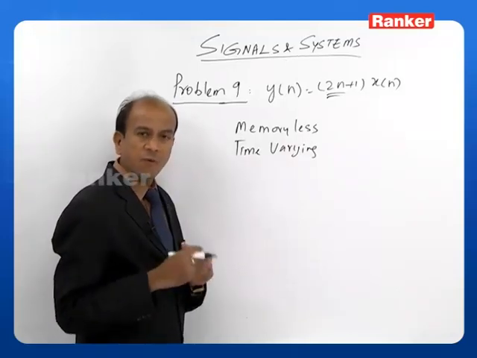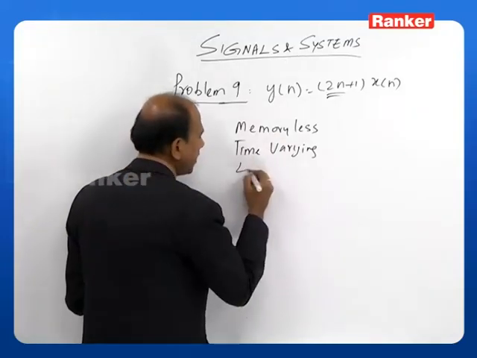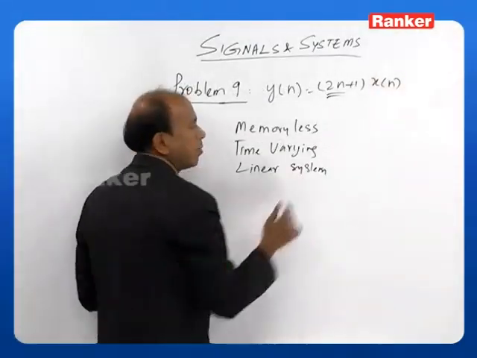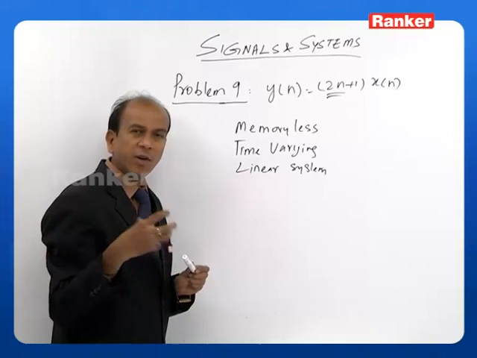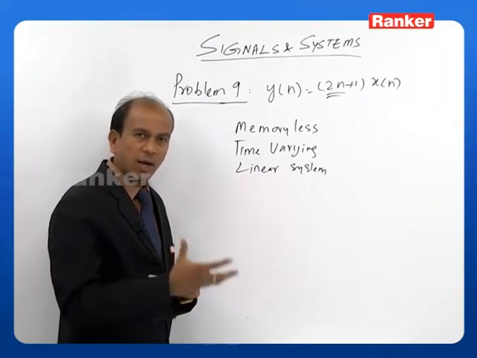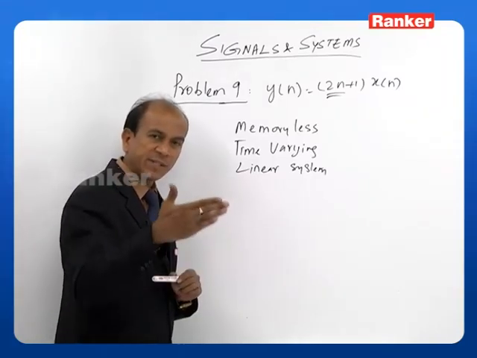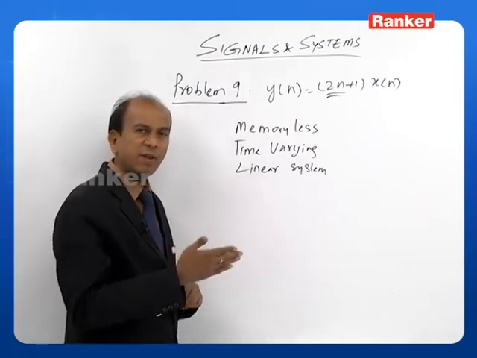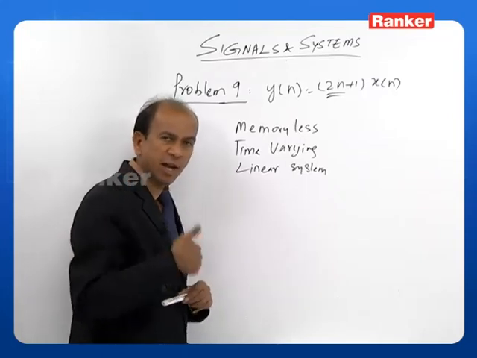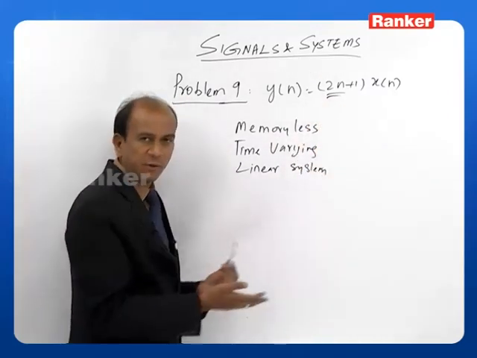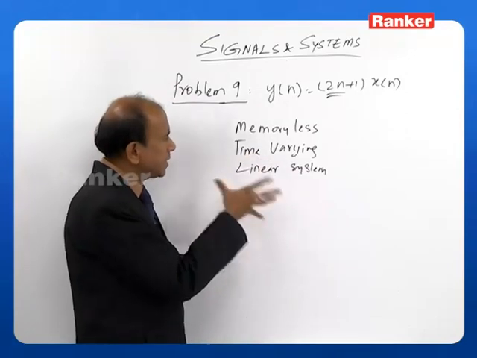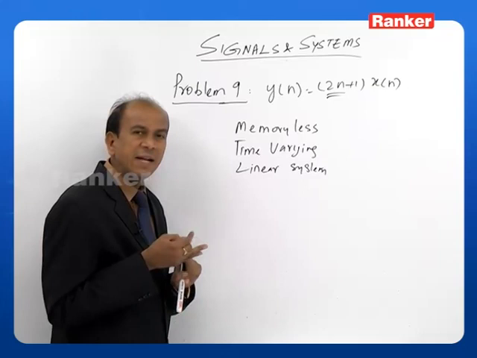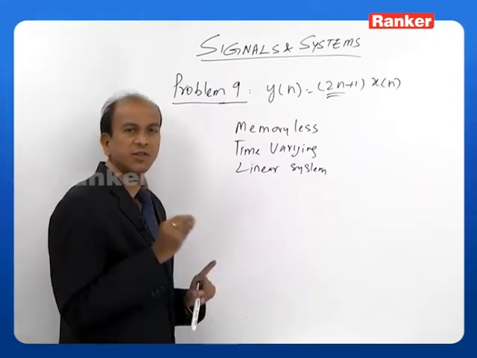Finally, this is a linear system because it is simple x of n and no square terms are involved. When you break up x of n into x1 of n plus x2 of n, similarly I will get y of n which is equal to y1 of n plus y2 of n, of course, scaled by a factor 2n plus 1, that is always there. So, this is how a discrete system is. This is a linear time varying LTV memoryless system.